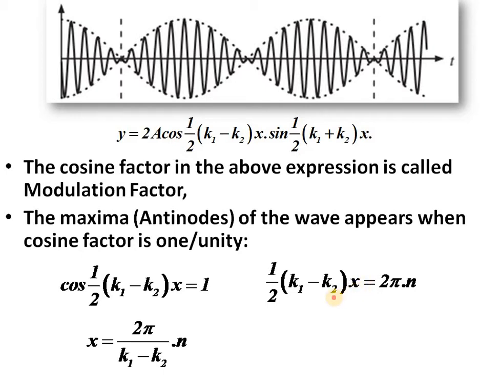This is possible for n equal to 0, which is the maximum peak, and n equal to 1 gives the next peak, 4 pi. This way, for every integral value of n you get a peak.